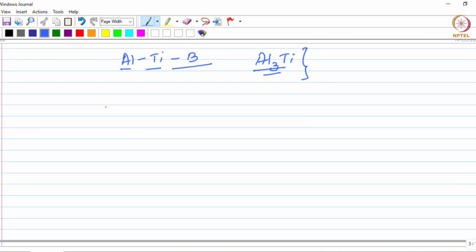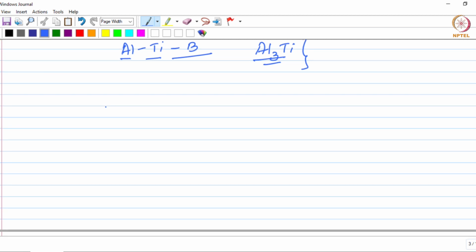The next theory with regard to this grain refinement by melt inoculant is the peritectic theory. So this theory says that there is a peritectic reaction between liquid and the Al3Ti.